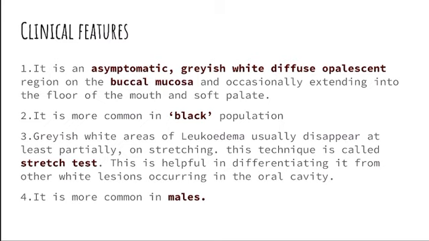So this technique is called the stretch test, and it is a characteristic feature of leukoedema. It helps to differentiate leukoedema from leukoplakia and various other white lesions of the oral cavity. Then it is more commonly found in males.